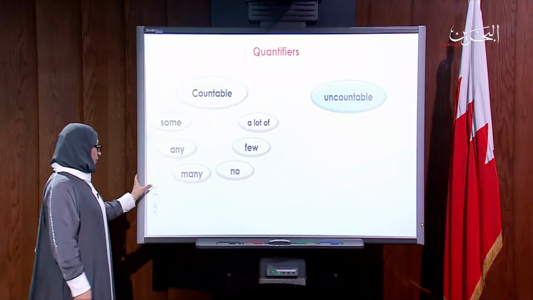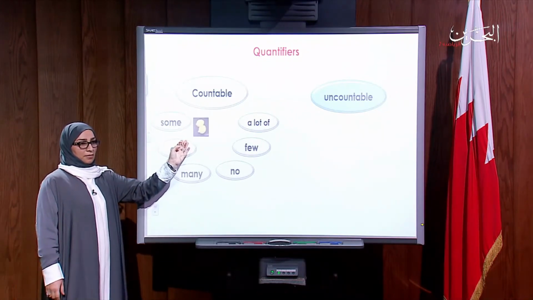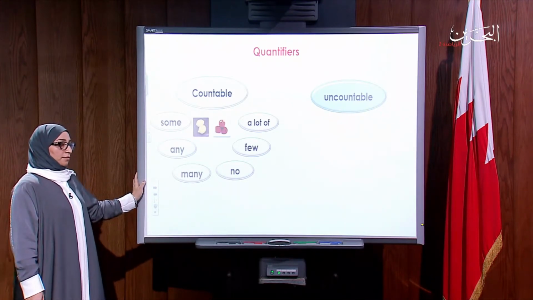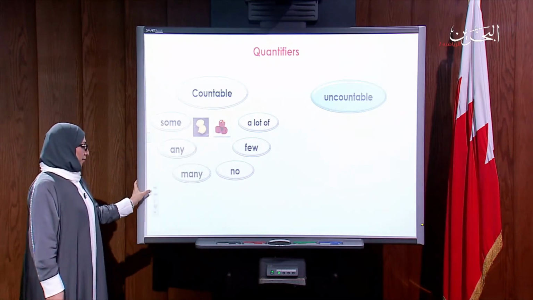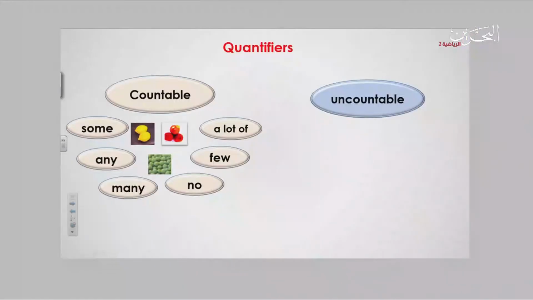For example, I have some lemons. Or I have few tomatoes. And this one, the peas. Do you have any peas? From my example, when I say, do you have any peas, it means any, I use it with questions.